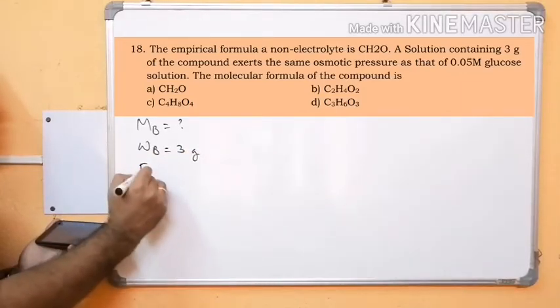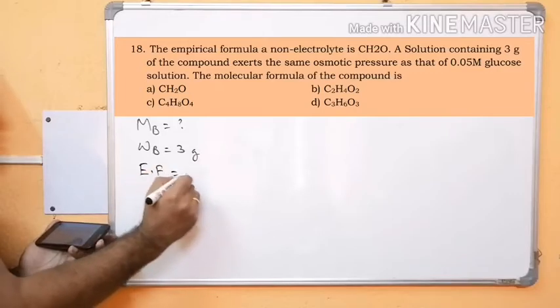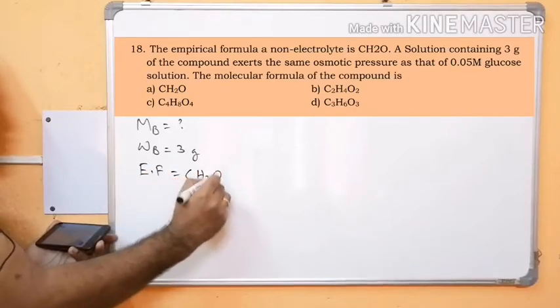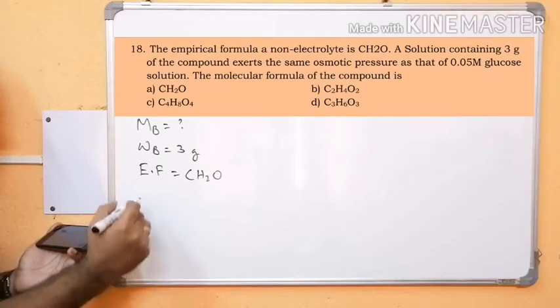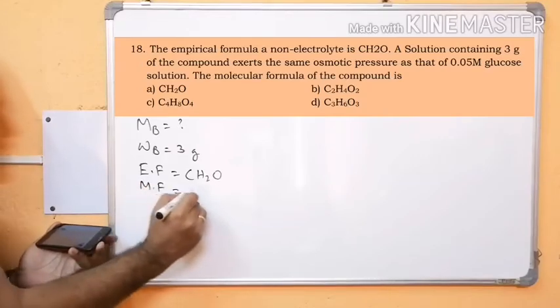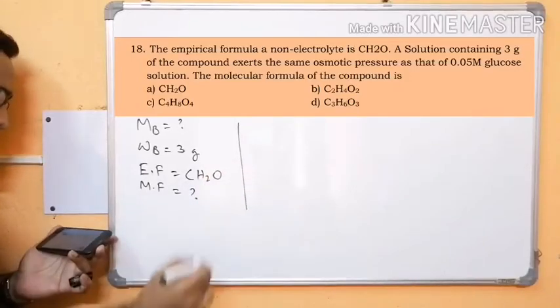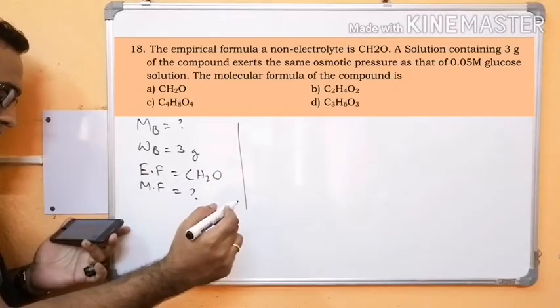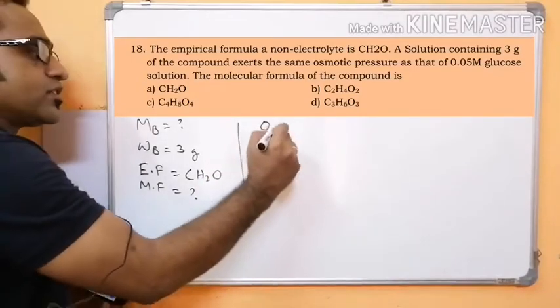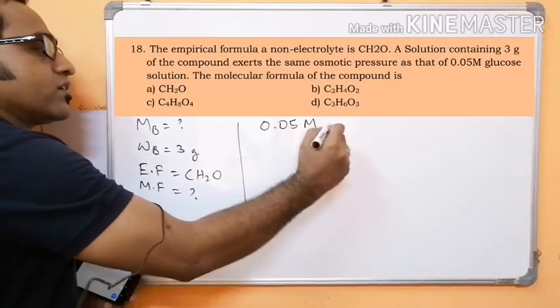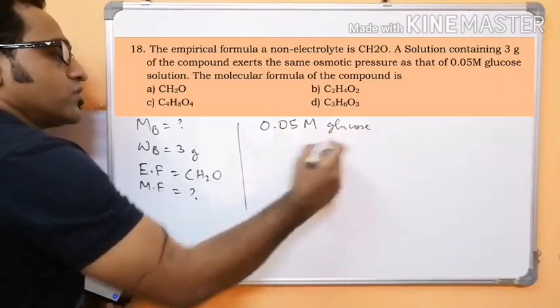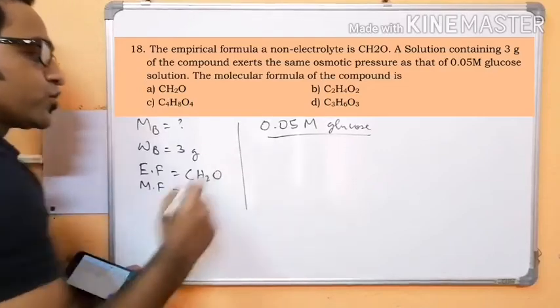The empirical formula is CH2O. You have to find out the molecular formula. Another solution is the glucose solution, that is 0.05 molar glucose solution, having the same osmotic pressure.